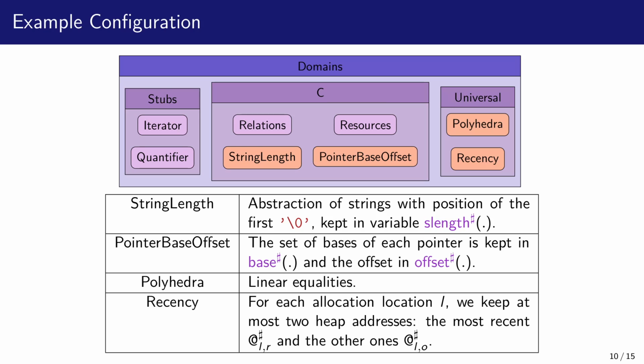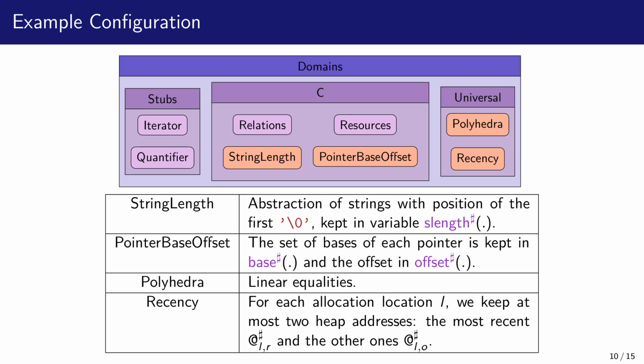And here is an example configuration. For C, we have 2 main domains. We have the string length domain, which is an abstraction of C strings that remembers the position of the first null byte and keeps it in a numeric variable called slength.